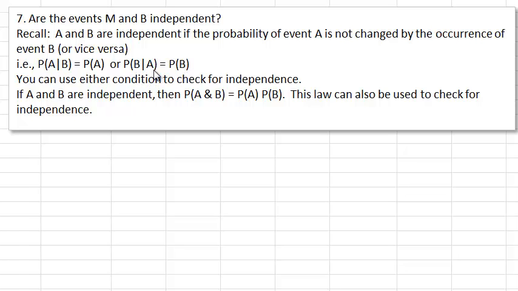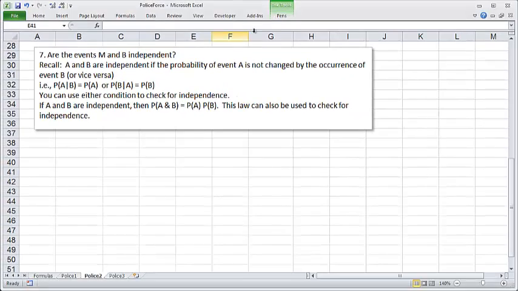Now, you can use either condition to check for independence. Okay. Now, are the events M and B independent? Being a male, being promoted, are those two events independent? Well, we already did some analysis and it's pretty clear the events are not independent, but we're going to check using these formulas.